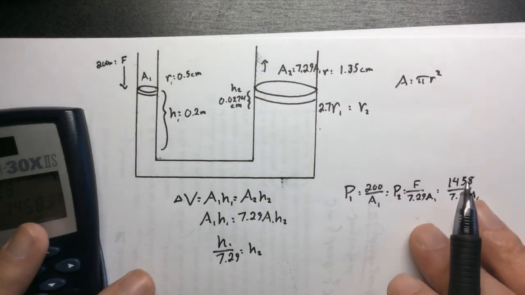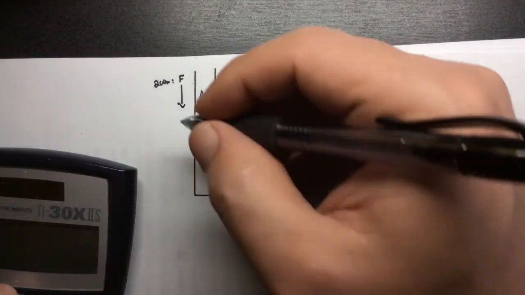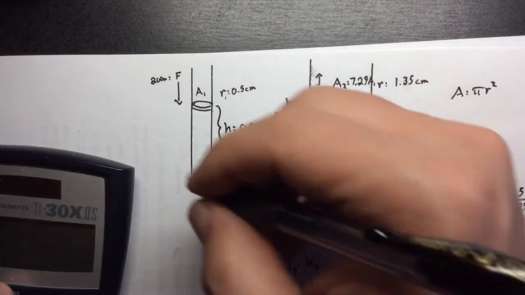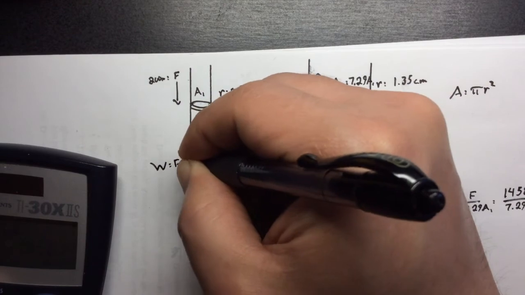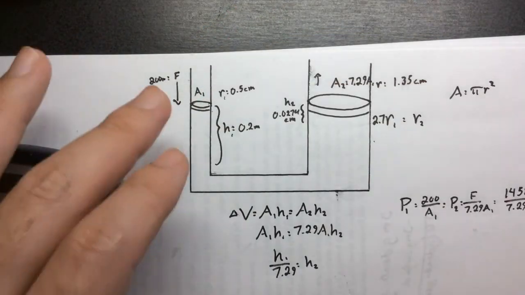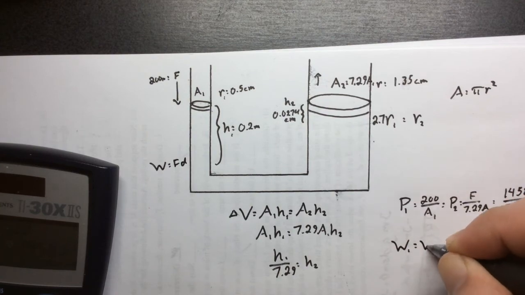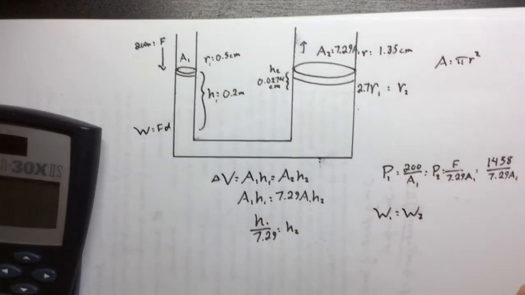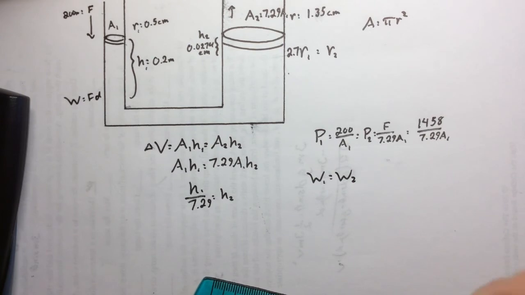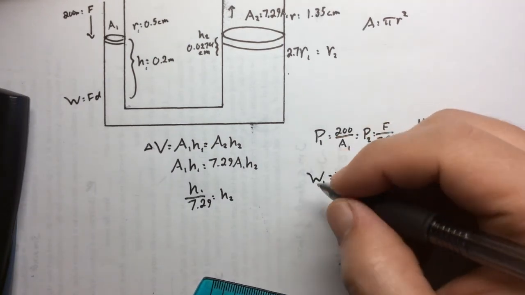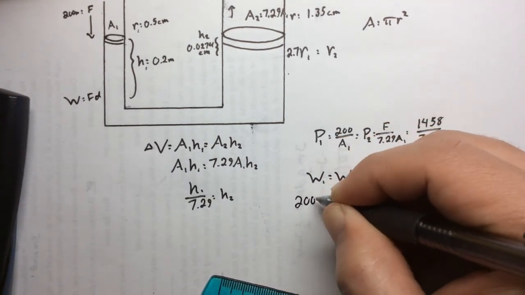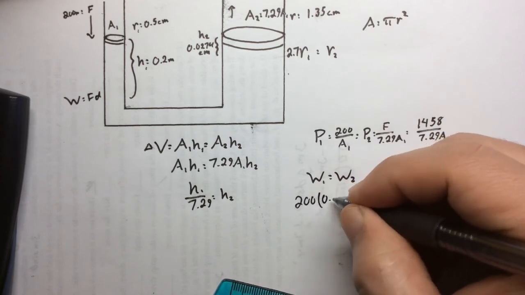One last way to look at this is that this force is applying itself over a distance. So the work done is that force times that distance, or the force times the change in y. And so the work done on the left side better equal the work done on the right side, because conservation of energy is a thing, right? You can't just create work from nothing. So the work on the left side is going to be that 200 at that distance of 0.2.